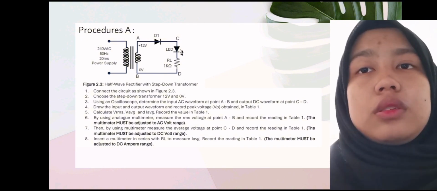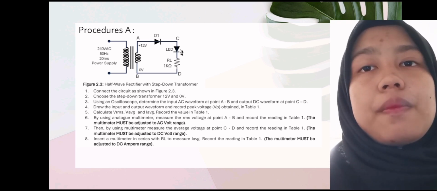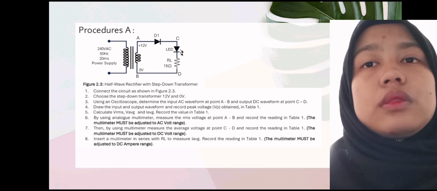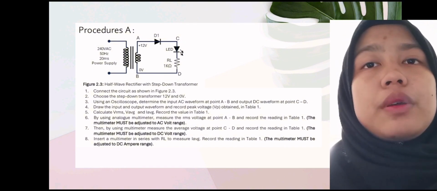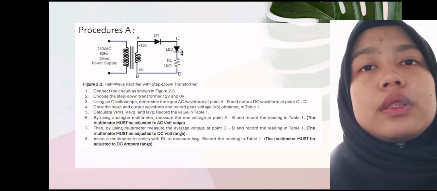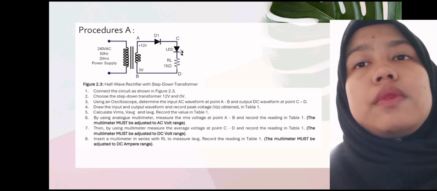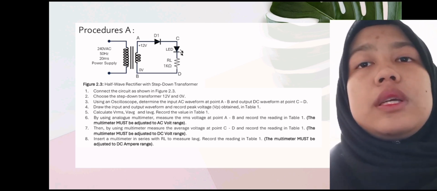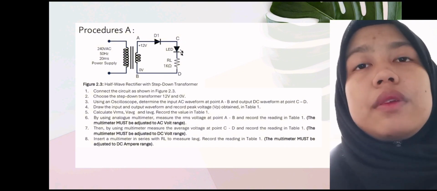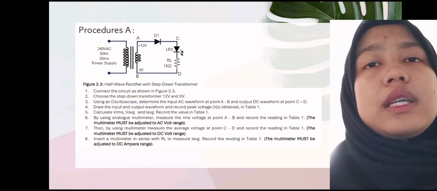Using the oscilloscope, determine the input AC waveform at point A to point B and the DC output waveform at points C and D. Also, we need to draw the input and output waveforms and record the peak voltage.